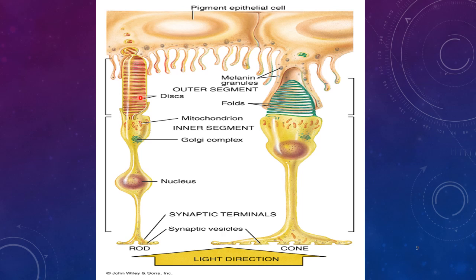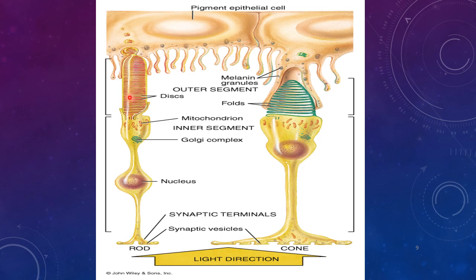So the inner layer of the plasma membrane forms these infoldings and they are arranged into a pile of membranous discs. These are going to be separated. They lose their connection with the plasma membrane and become independent. They are going to be replaced by formation of new membranous lamellae, and the older ones are cast off and shed from these outer segments, which are phagocytosed by the retinal pigment epithelium.